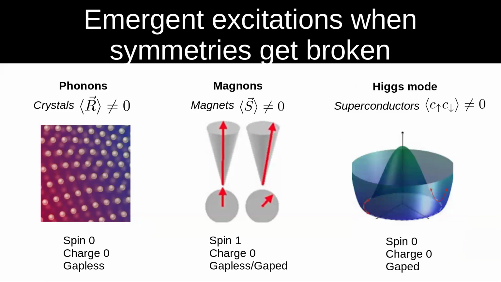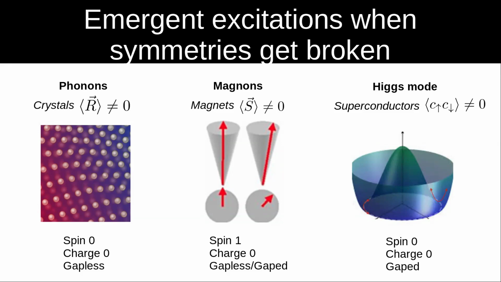Okay, so there's one more thing related with symmetry breaking that is extremely important, which is that every time that we have a symmetry breaking, there's the potential for a new quasi-particle to appear. We can have quasi-particles that appear because a material breaks the continuous symmetry of real space. You can think that crystals break the continuous symmetry in real space because, well, you have atoms in one location in space, but you don't have atoms in another location in space.